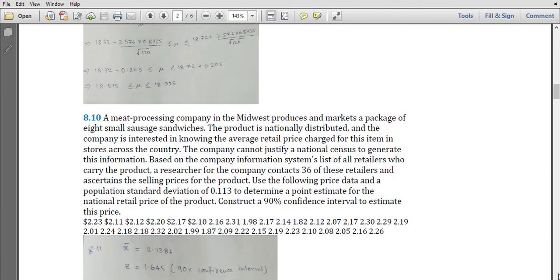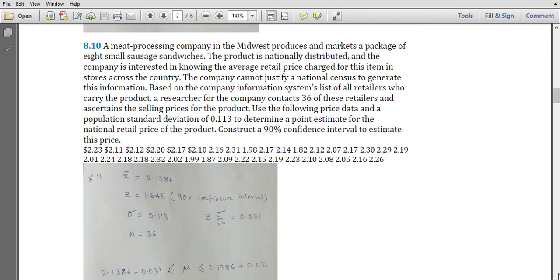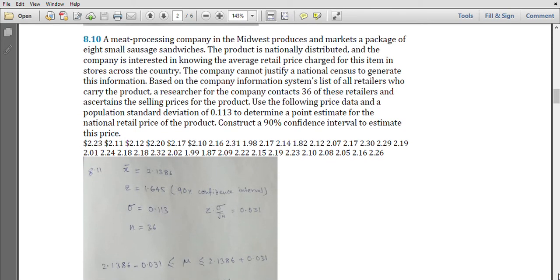Again, this is a slightly different problem this time around. A meat processing company in the Midwest produces and markets a package of 8 small sausage sandwiches. The product is nationally distributed, and the company is interested in knowing the average retail price charged for this item in stores across the country. The company cannot justify a national census to generate this information.